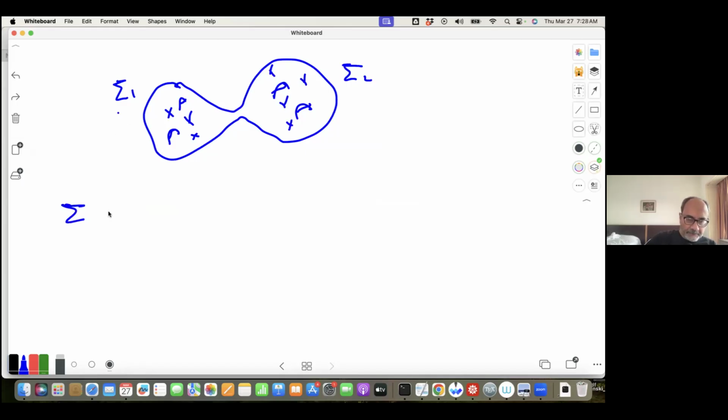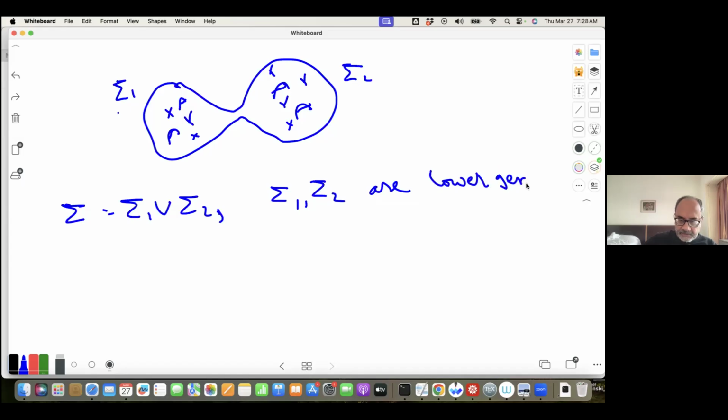So sigma is the total, and sigma 1, sigma 2 are lower genus or lower number of vertices, or both.